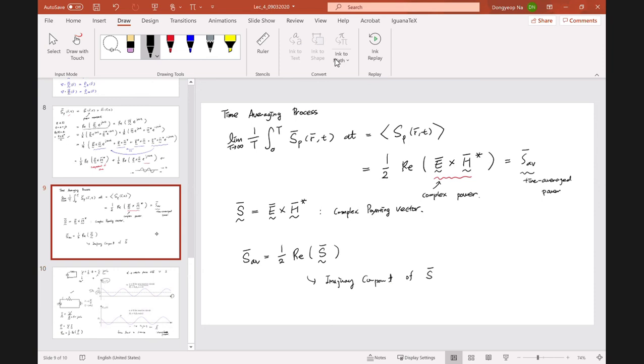For example, later you are going to study the radiation from a source. So we have a current source. Let's say we have a point current source, then it radiates an electromagnetic field.